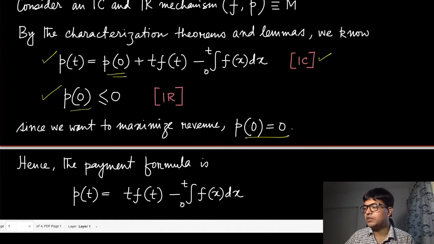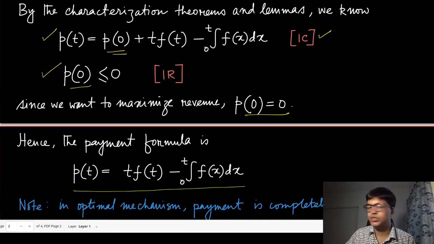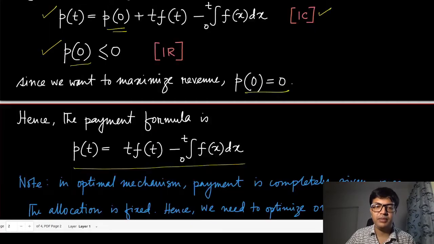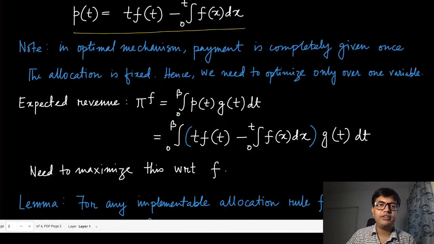So it makes our expression of finding the optimal mechanism a little easier, because now we have the payment which reduces to this form, only the remaining part of the payment formula. Therefore the expected revenue is given by this term which we have already defined, and notice that this is only given by the allocation rule.